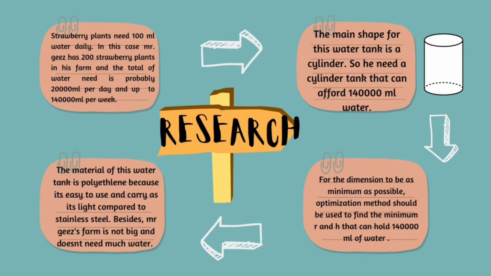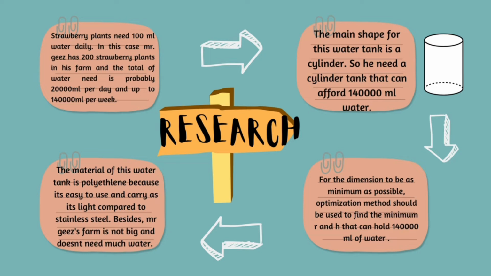The main shape for this water tank is a cylinder, so he needs a cylinder tank that can hold 140,000 ml of water. For the dimensions to be as minimum as possible, the optimization method should be used to find the minimum radius and height that can hold 140,000 ml of water.